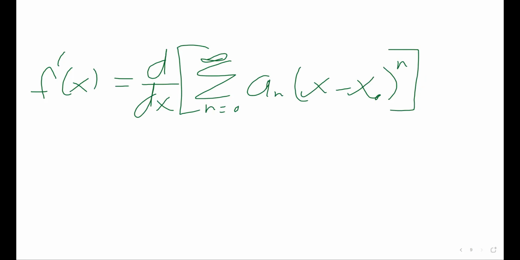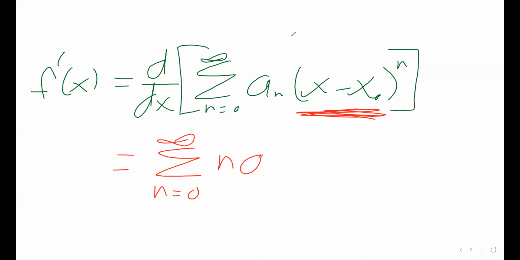But now if you look at what has an x in it, our a's have no x's. The only thing that has x's is this last little bit over here. So the n would come down and we have just a normal power rule derivative.